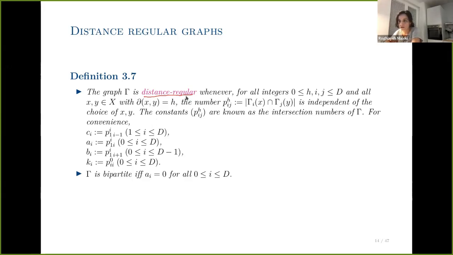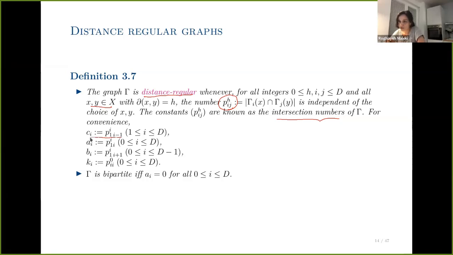So the graph gamma is called distance regular whenever for all integers i, j, let's say h, between 0 and the diameter of the graph, and for any vertices x, y of the graph that you take, which are at distance h from each other, the number pijh, which is equal to the cardinality of the vertices that are at distance i from x intersected with the vertices that are at distance j from y, is in fact independent of the choice of x and y, and we call these the intersection numbers of the graph gamma.